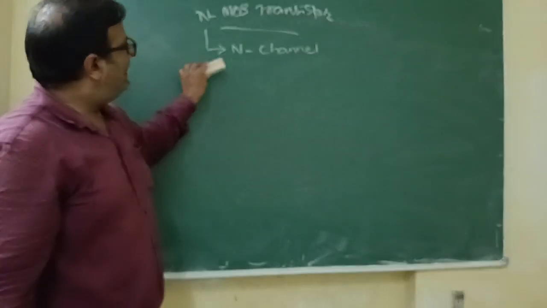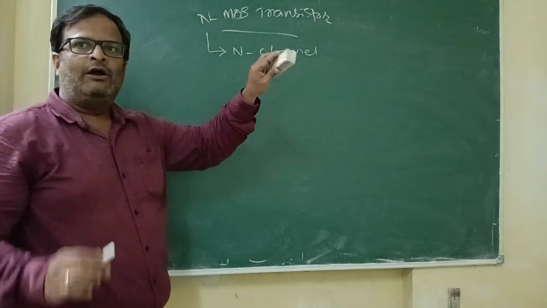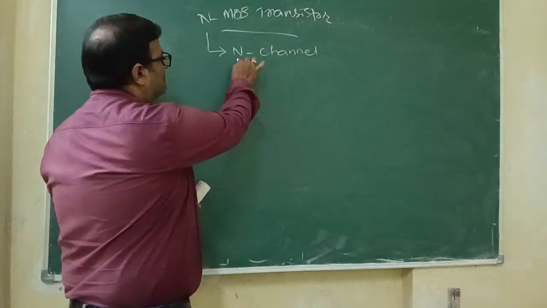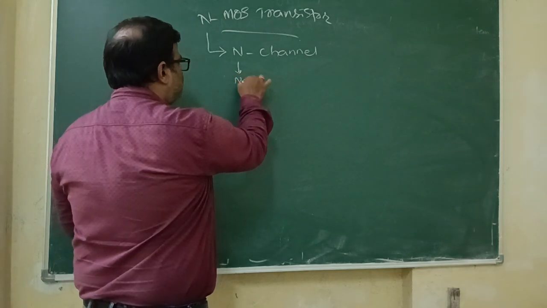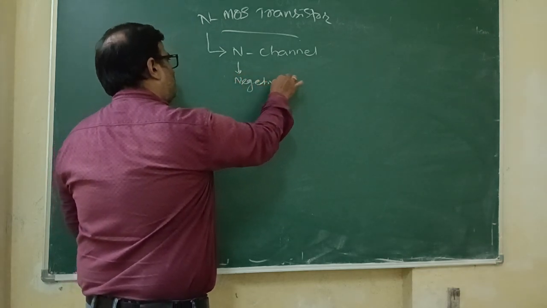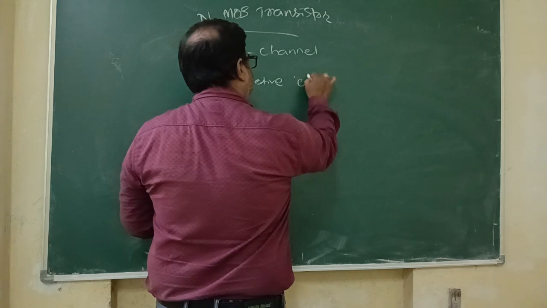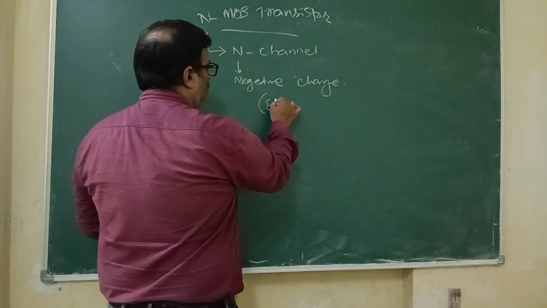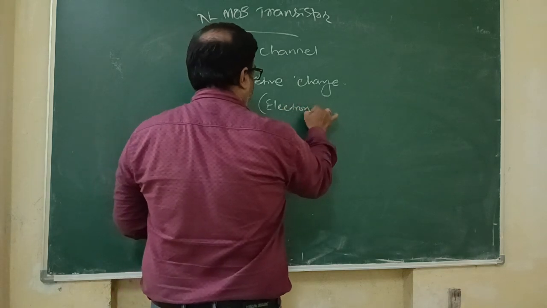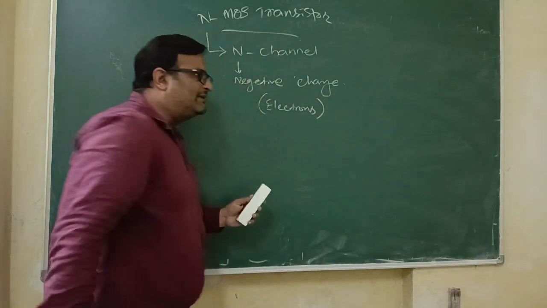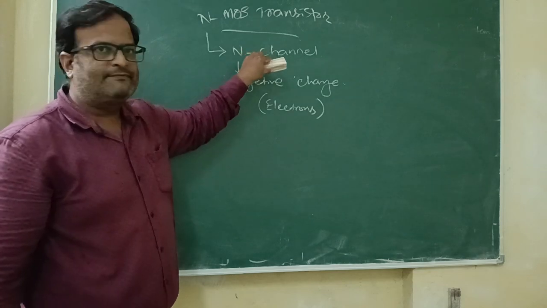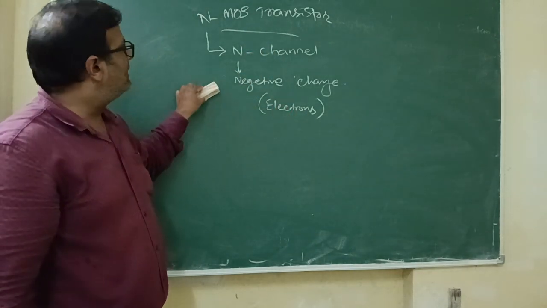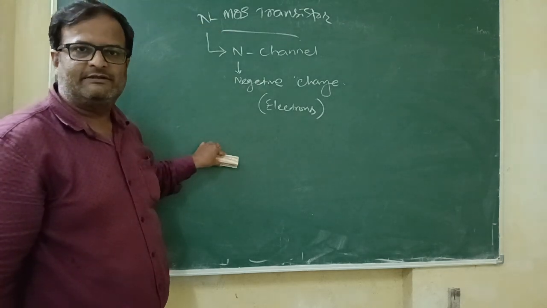N channel means we have a channel of N. N is nothing but the negative charge or negative ions, we can say electrons. That means this N channel is formed due to the electrons. That is called NMOS transistors.